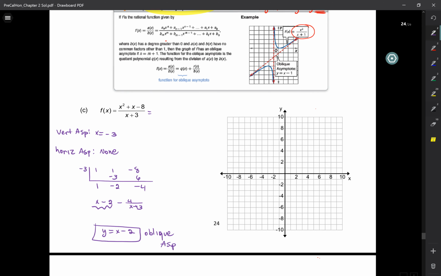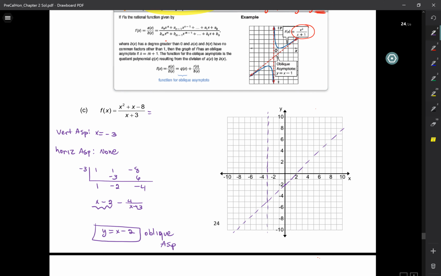So what do you do with this? Well, let's see. We're going to graph it just like we do any other line. So y equals x minus 2 has a y-intercept at -2 and a slope of 1. So there is my oblique asymptote. Okay? Now, I also have a vertical asymptote at -3.